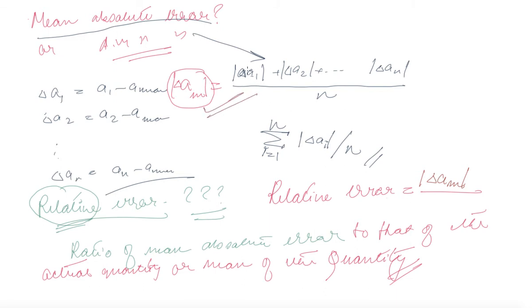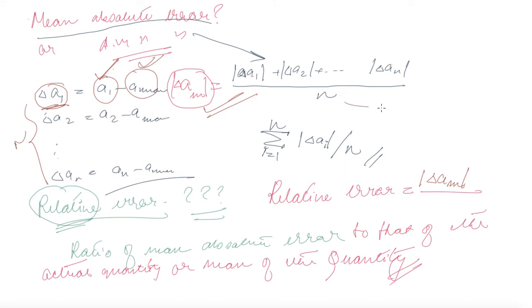Now how to find the relative error? By taking A1 to A mean. In your examination these values will be given. All you have to do is take out the absolute errors, then use this formula: add all the absolute values and divide by the total number of quantities, n.